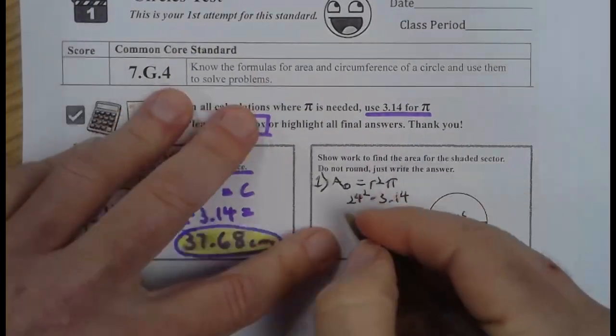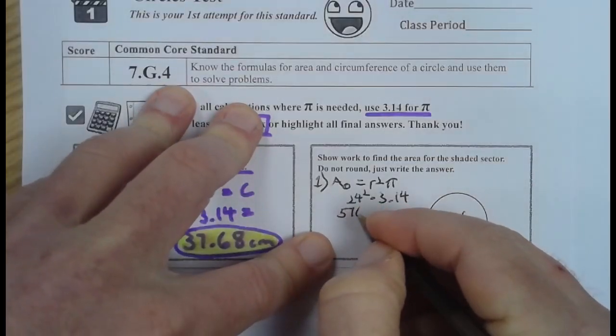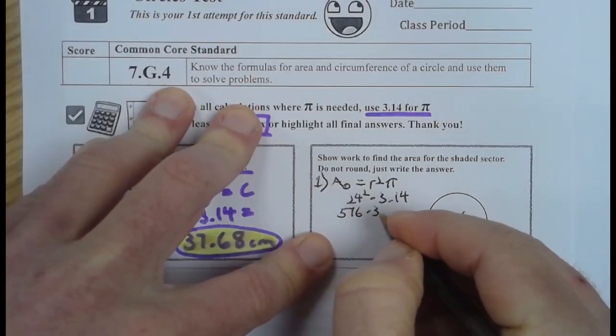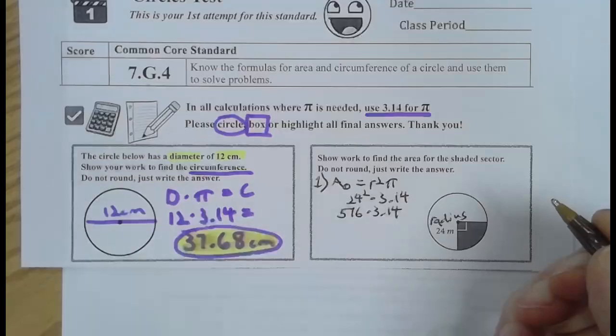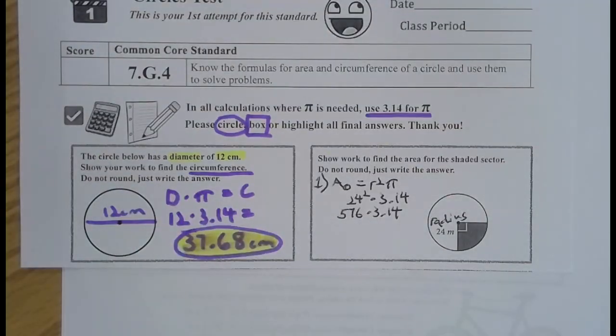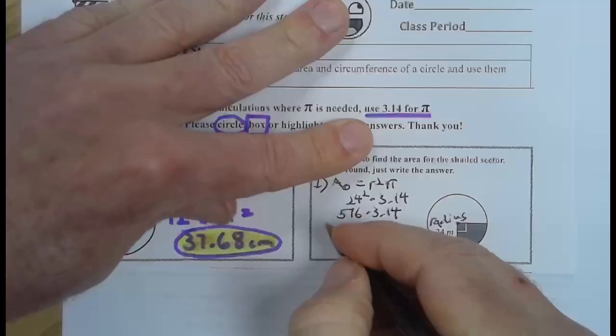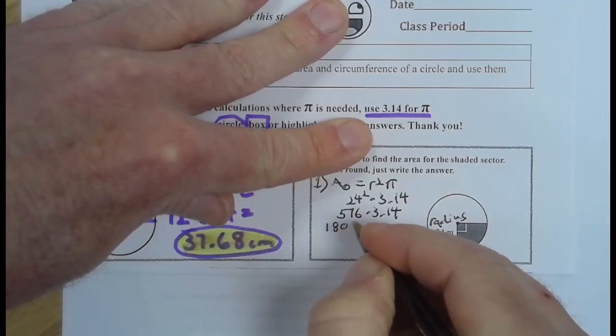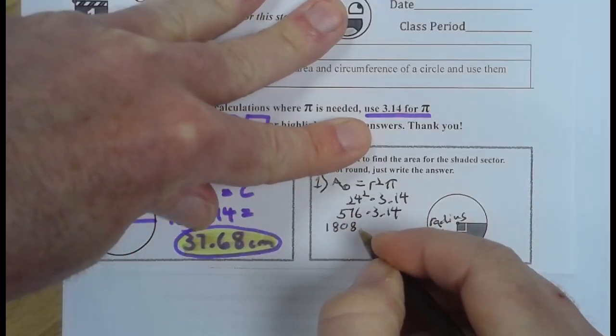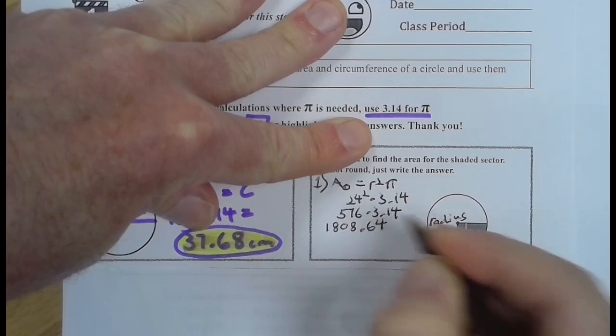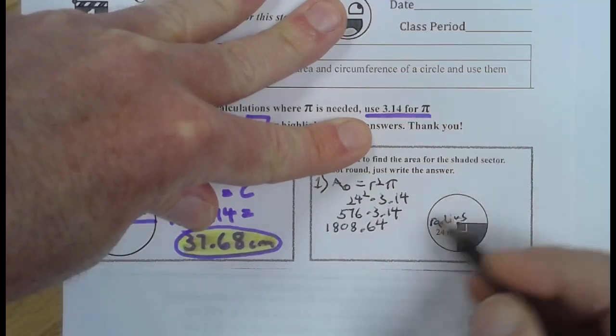Boom, 576. Times 3.14. Ooh, there we go, 1808.64. That's the whole circle.